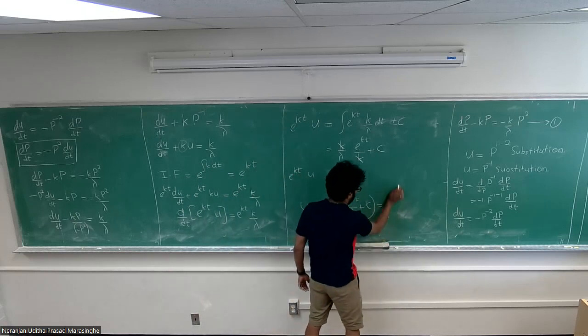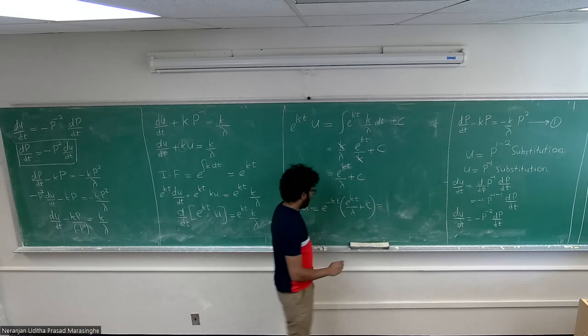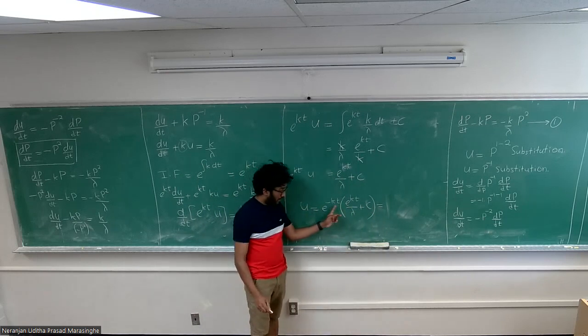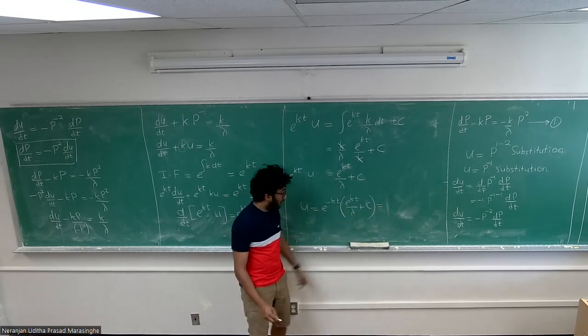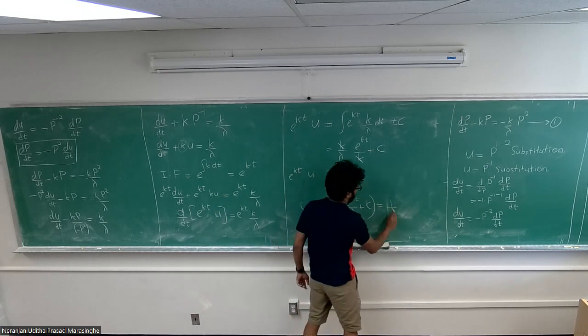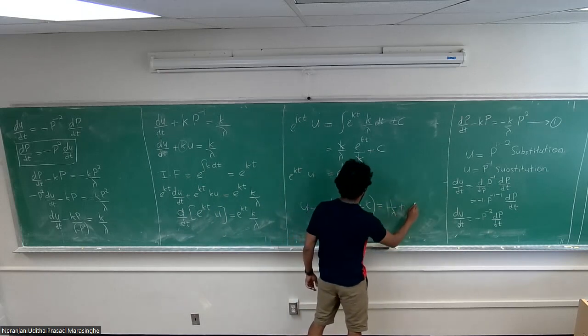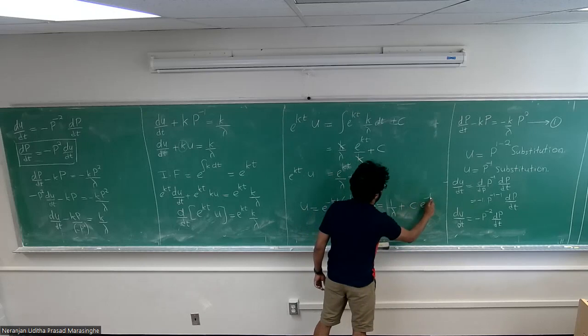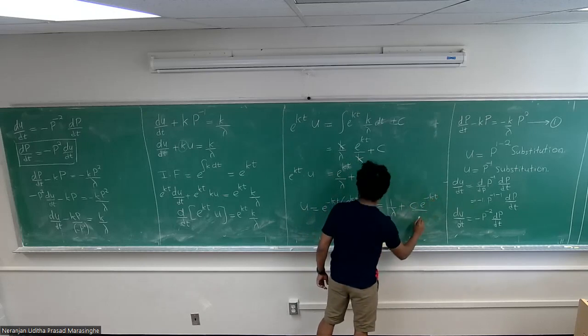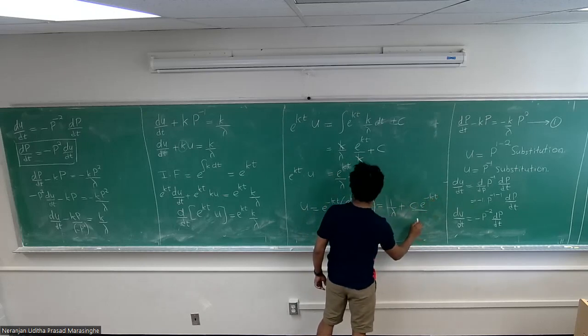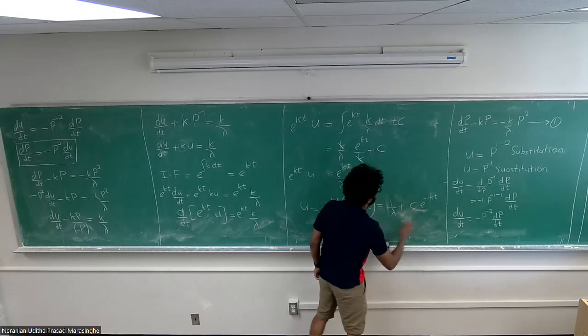I'm multiplying by e to the negative kt, so this would become 1 divided by lambda plus c times e to the negative kt.